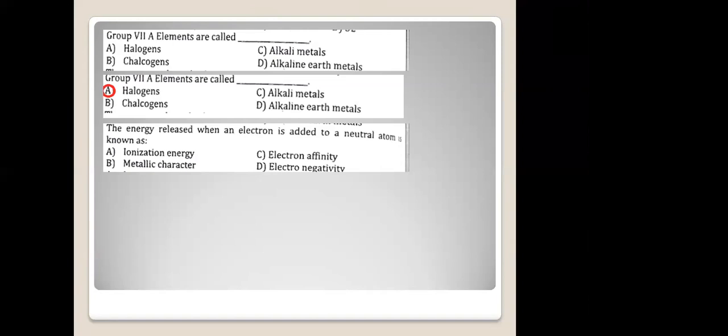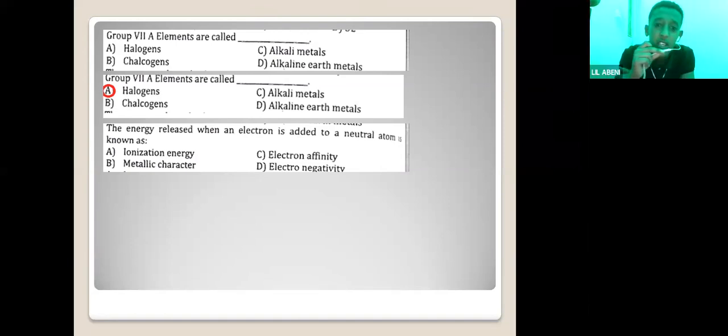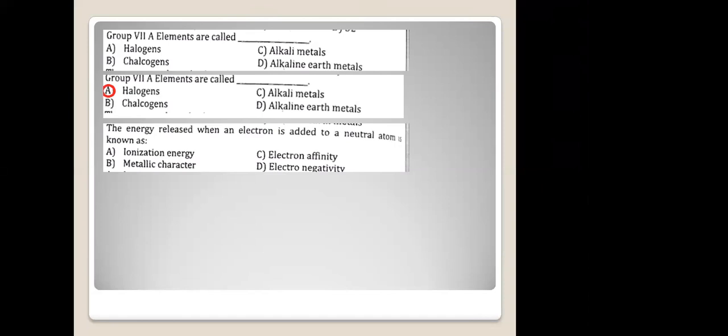If any atom is able to immediately accept electrons, it is called electron affinity. So can we say that electron affinity is the energy change that results from adding an electron to a gaseous atom? Yes, that's right. When an electron is added, energy is released.